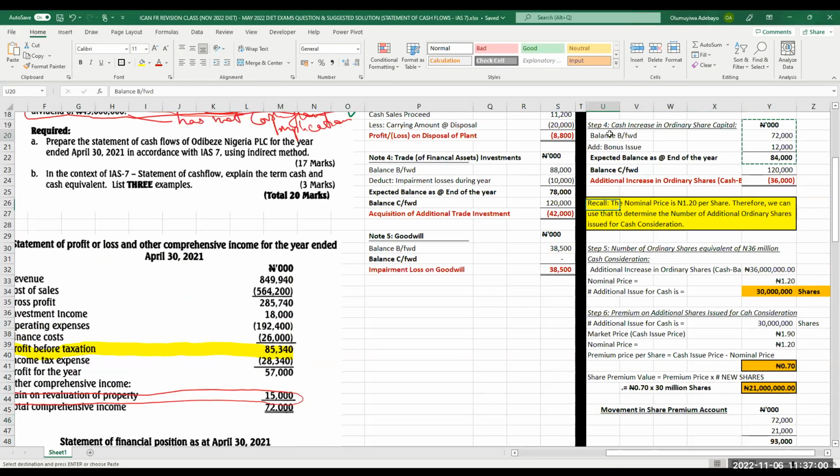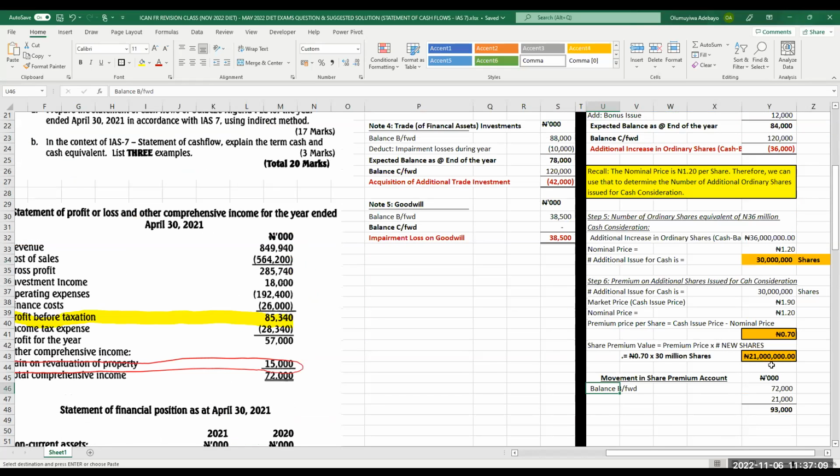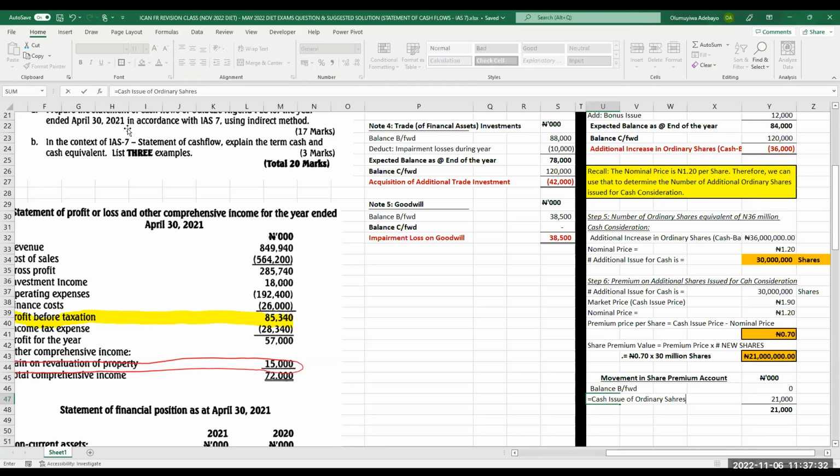Our balance brought forward, if you go back to this account, is 0. Now, here we add additional premium based on cash issue of ordinary shares. Therefore, this 21 is coming from where? Here. Which means we increase by 21.